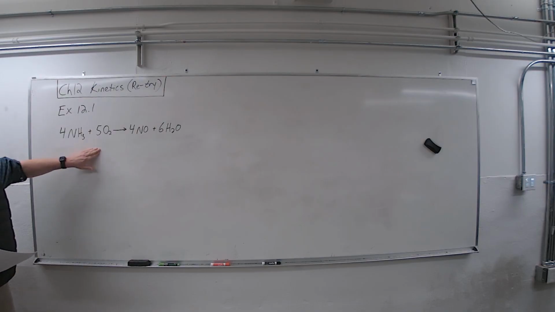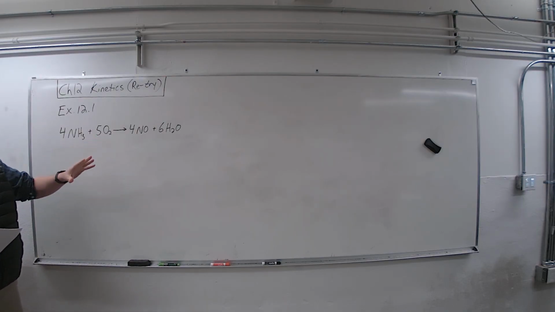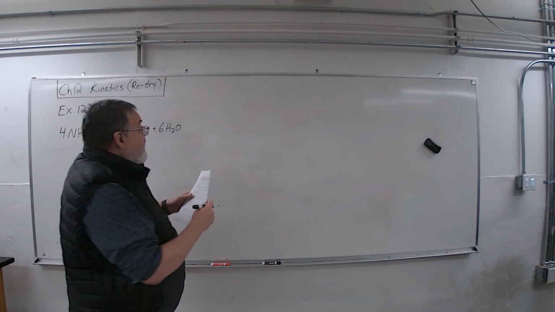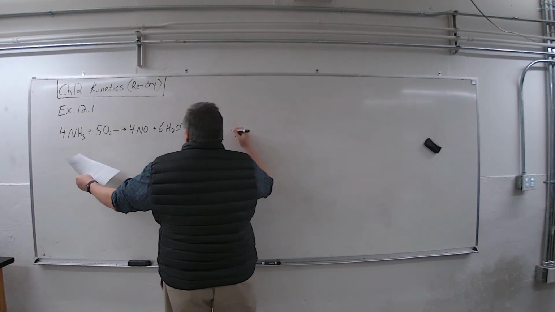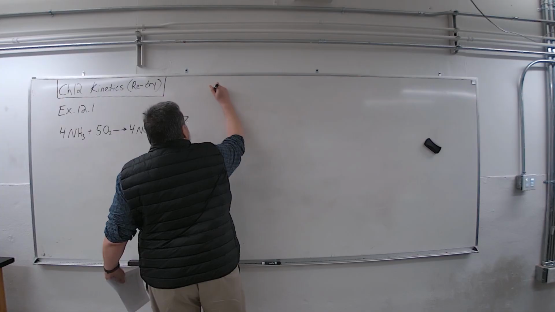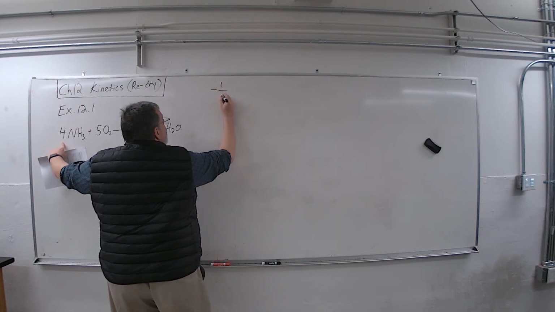This is something that's kind of simple that you can take and just write down. I would encourage you to learn it this way. So looking at this, the relationship between these rates is 1 over 4.